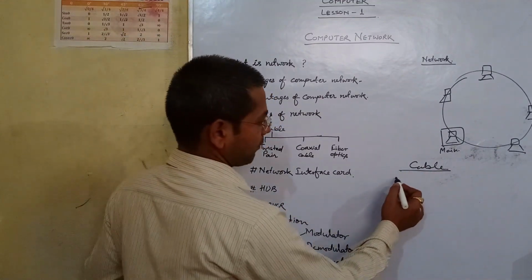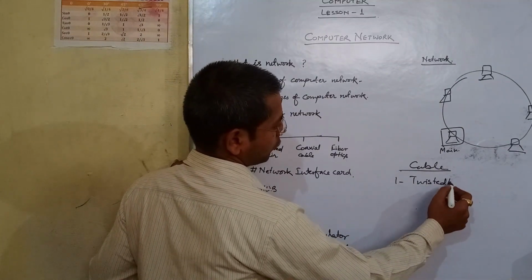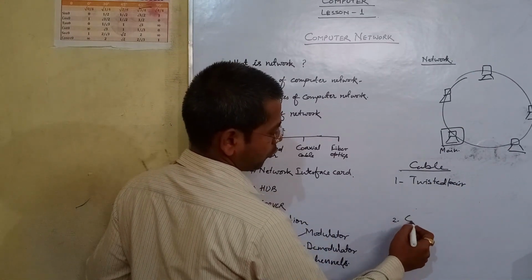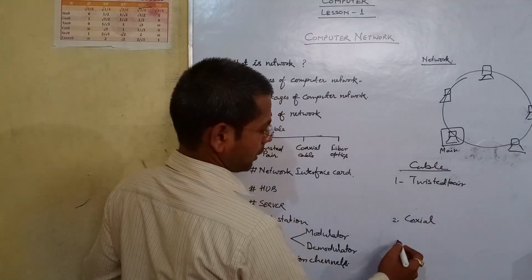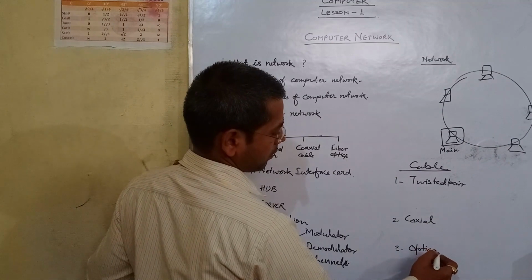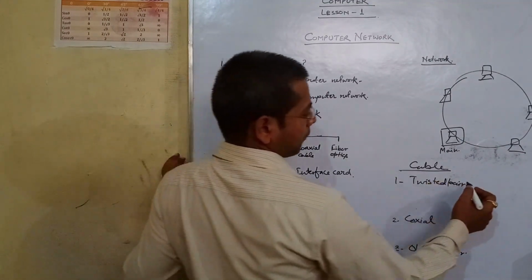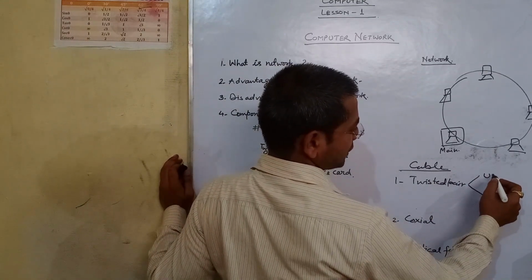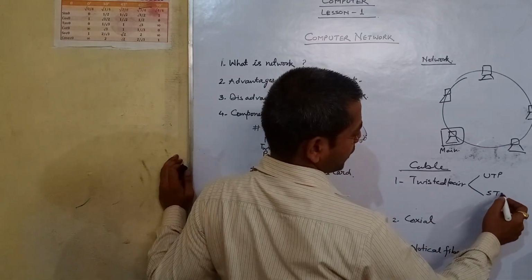It is of three types. First is twisted pair, second is coaxial, third is optical fiber. Twisted pair is also of two types: unshielded twisted pair and shielded twisted pair.